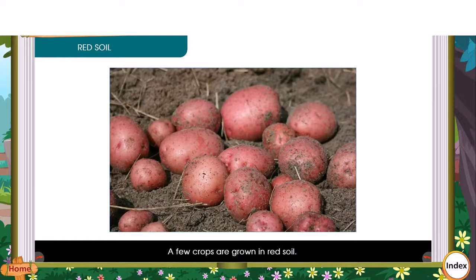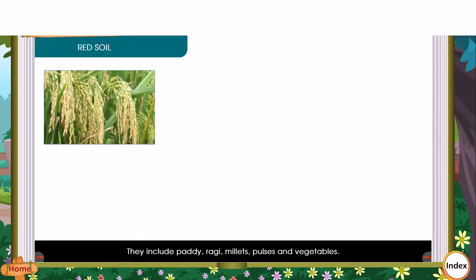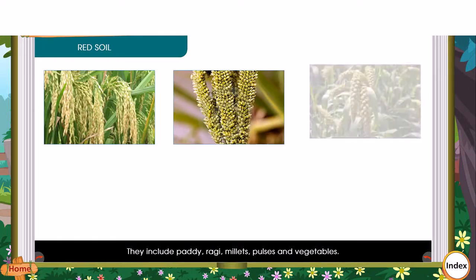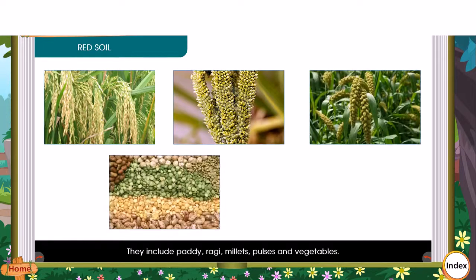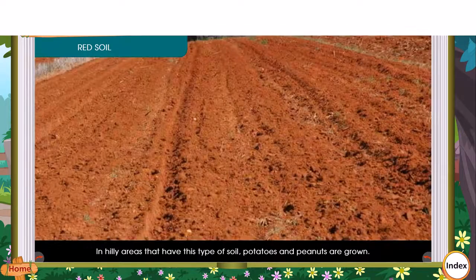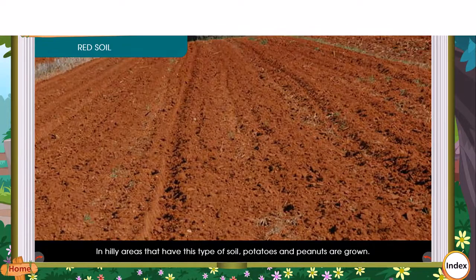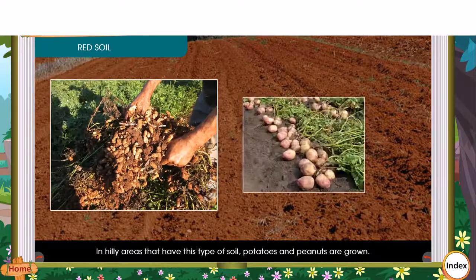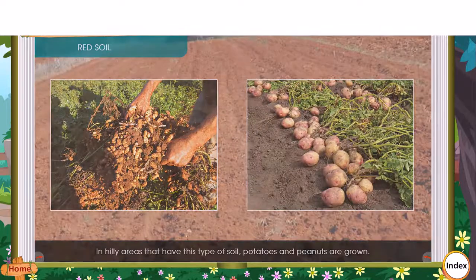A few crops are grown in red soil. They include paddy, ragi, millets, pulses, and vegetables. In hilly areas that have this type of soil, potatoes and peanuts are grown.